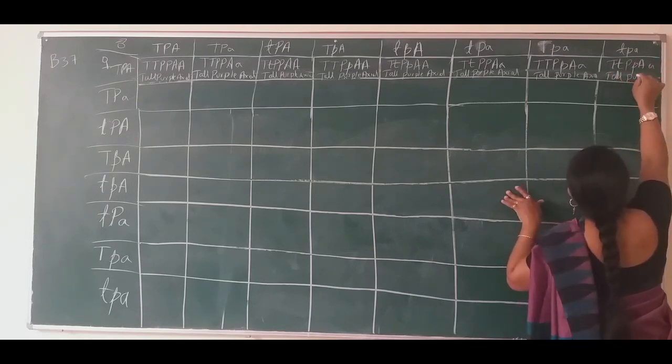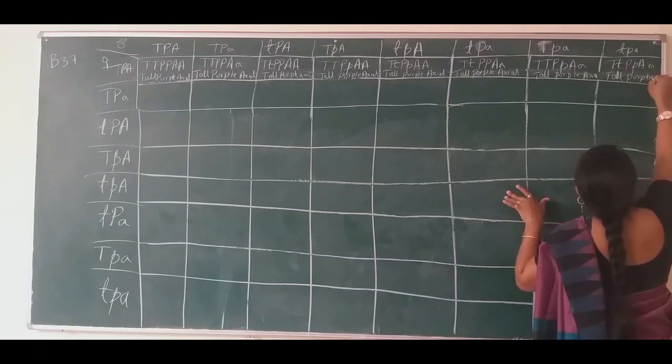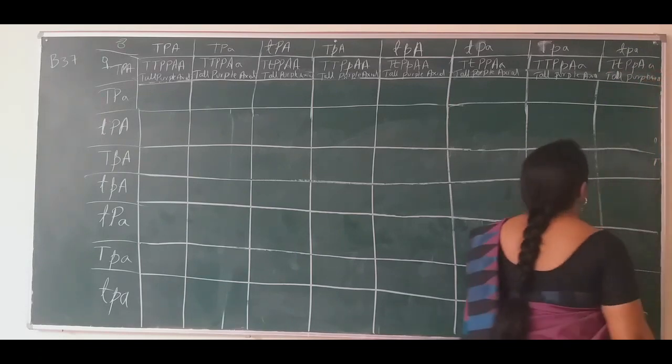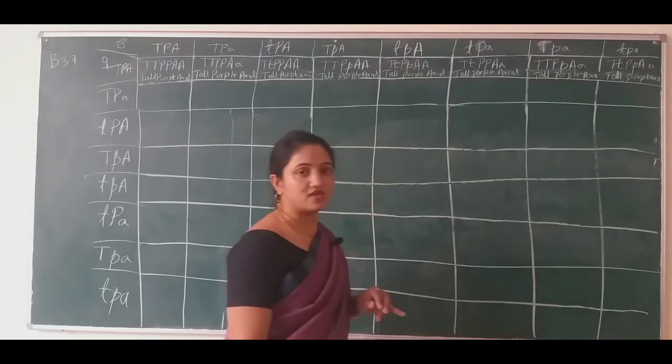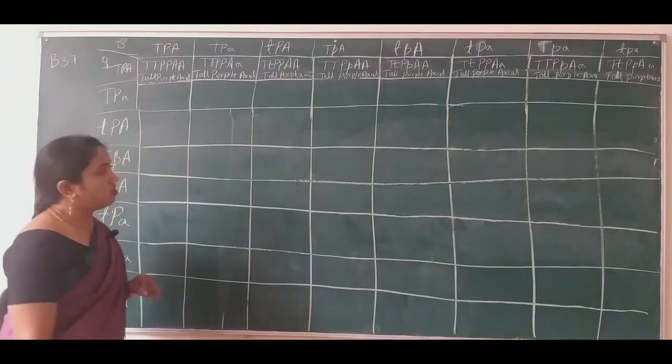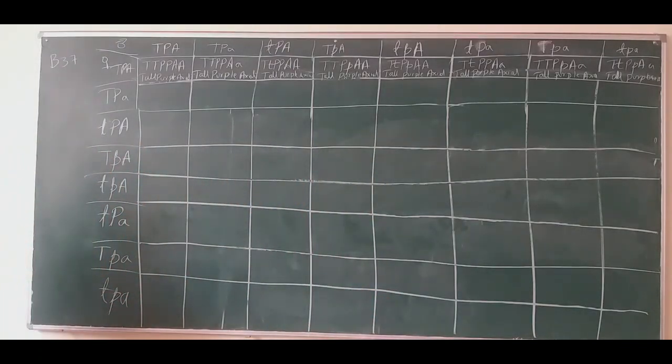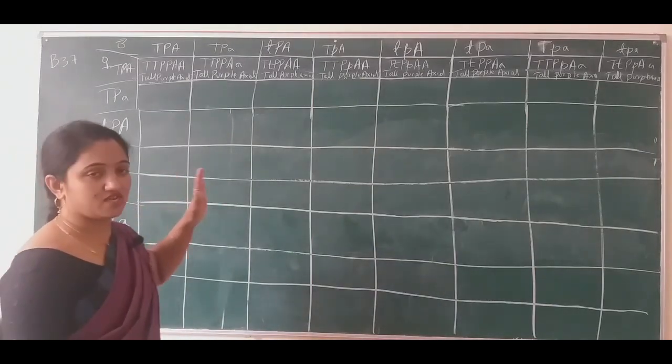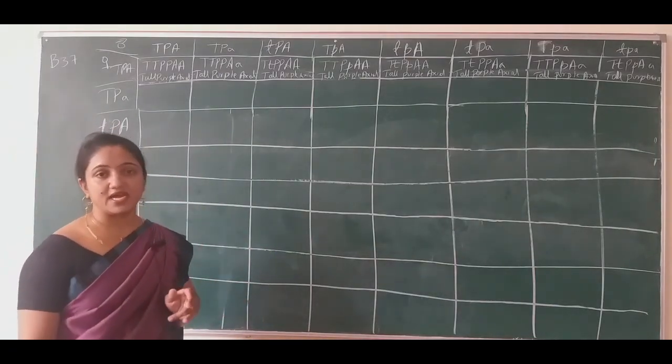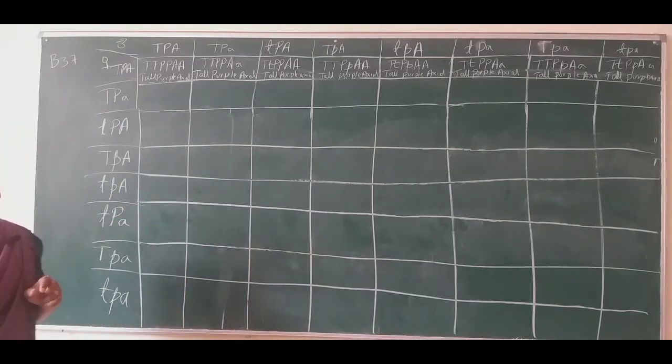Tall, purple, axial. So like that, fill all the Punnett square so that we'll get 64 different types of offspring.